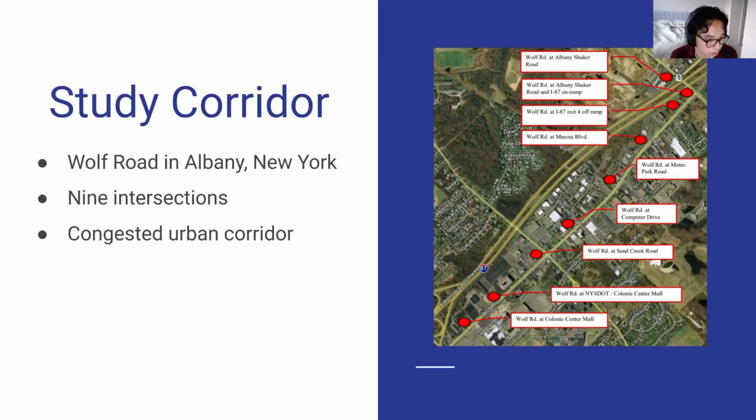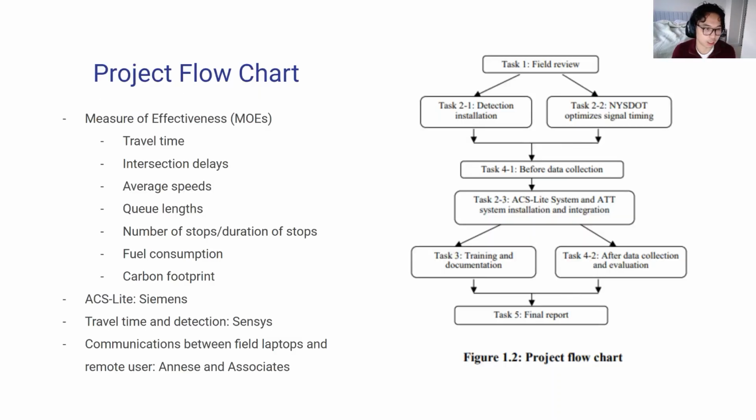So to quickly go over the study corridor, the study corridor is Wolf Road, and Wolf Road is located in Albany, New York. There's 9 intersections, and the reason it was chosen is because it is a congested urban corridor. So, also to go over the project flowchart and how this study was conducted.